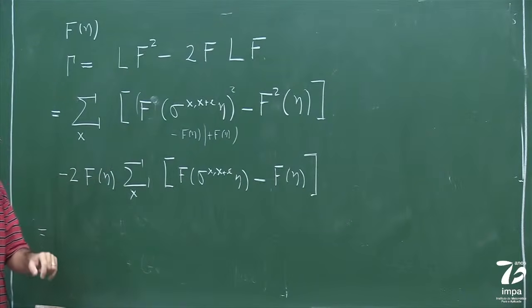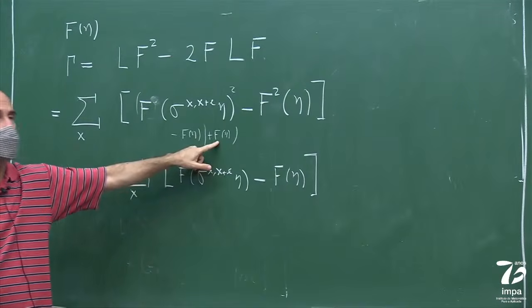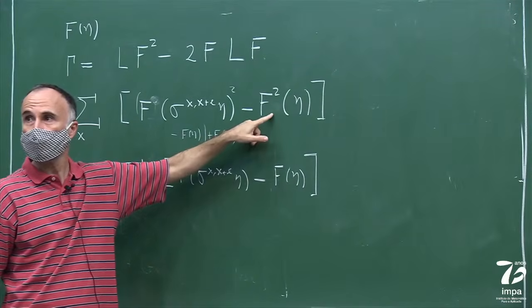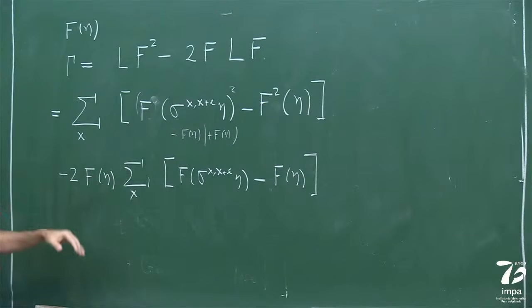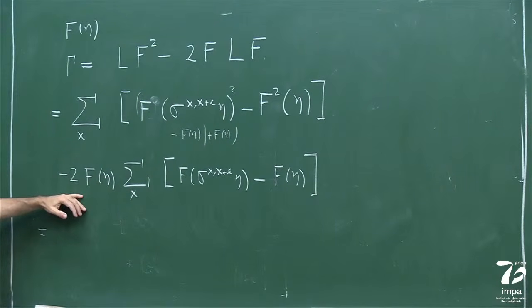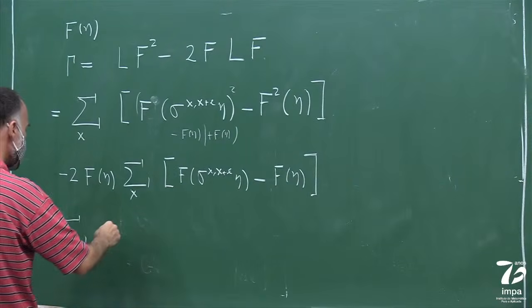Okay, keep it. Then you get plus f squared, but this will cancel with this one. And then plus 2 times f times this difference, but this is exactly that. So what I claim is that this sum is actually equal to the sum of the square of the difference.